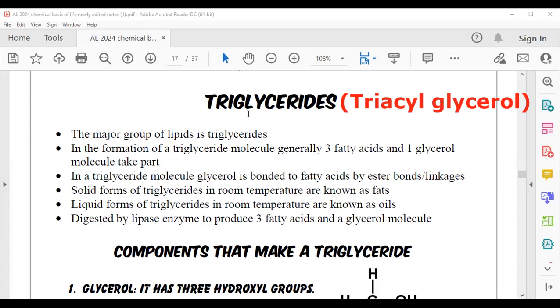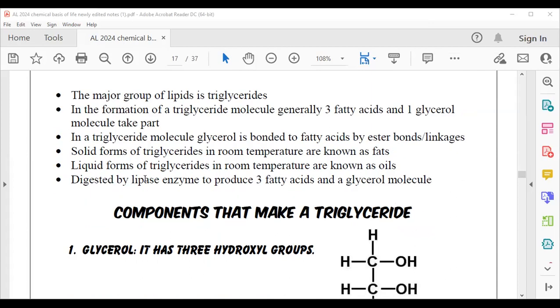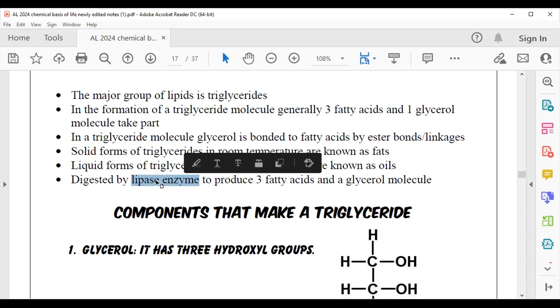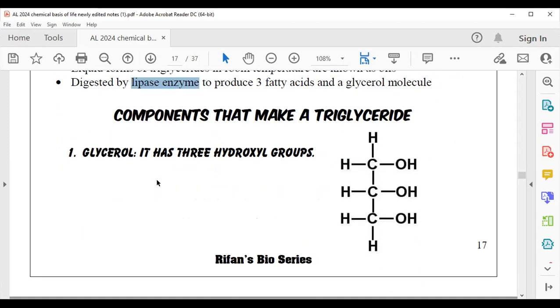Lipids, if they are found in solid form at room temperature, are called fats. Lipids, if they are found in liquid form, are called oils. And they can be digested by which enzyme? Lipase enzyme.